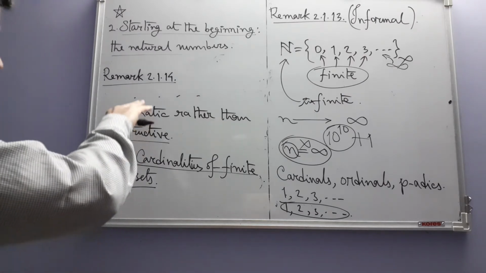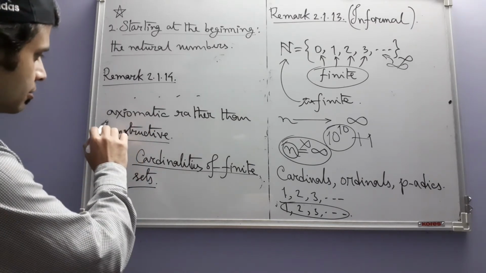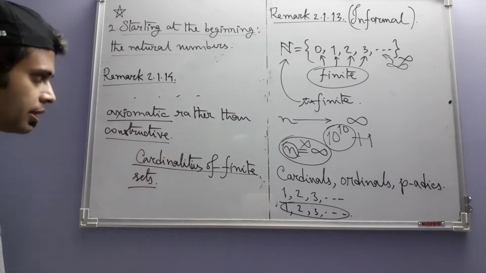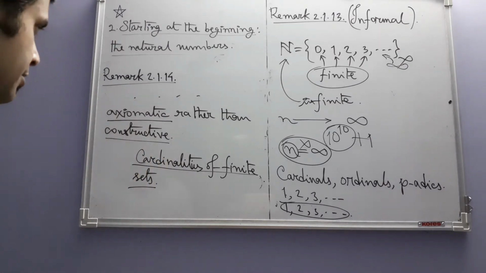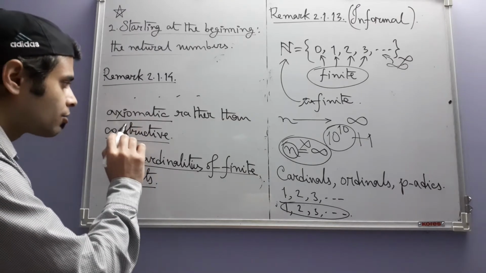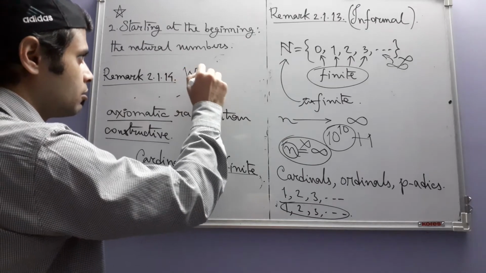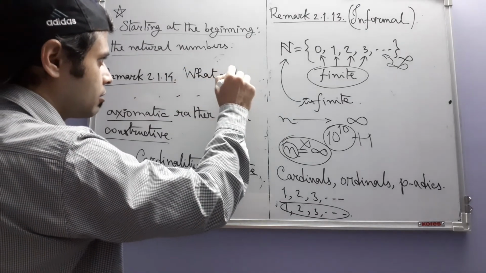Now, what is the difference between these two sort of treatments, axiomatic versus constructive? In axiomatic, we are not concerned about what natural numbers are.